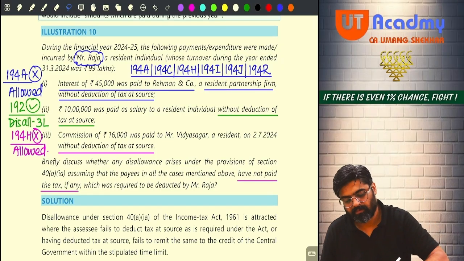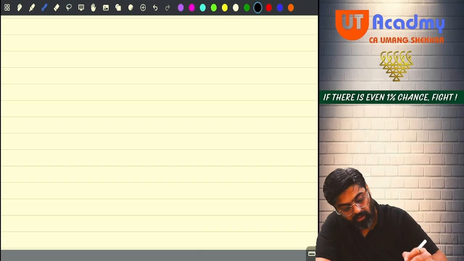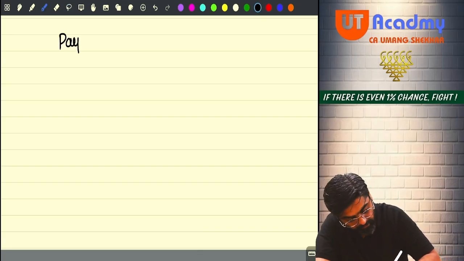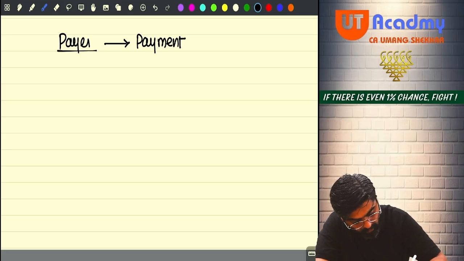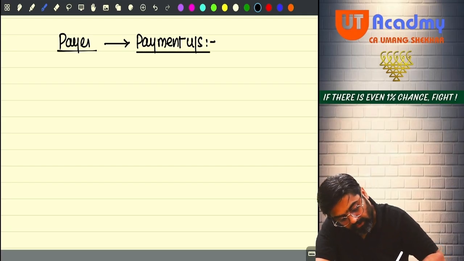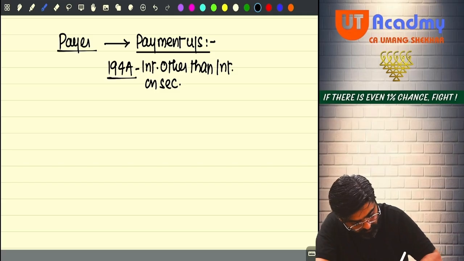Sure? Wait. See, under the TDS provisions, if the payer is making the payment under section 194A, interest other than interest on securities, 194A.